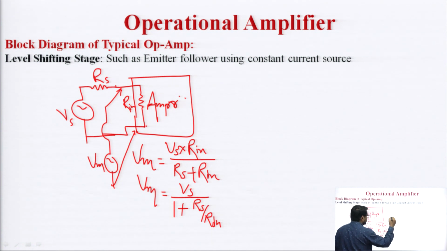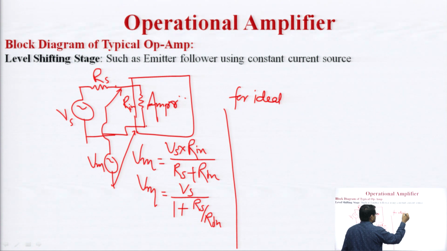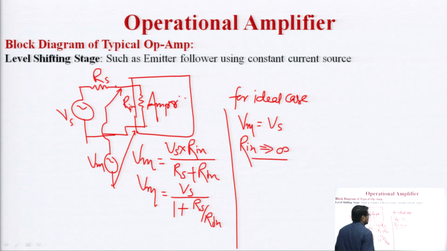And for the ideal case, Vm should be equal to Vs, and for this we put Rin tending to infinity. This mechanism is defined as the loading effect.